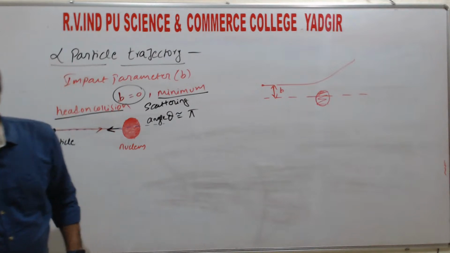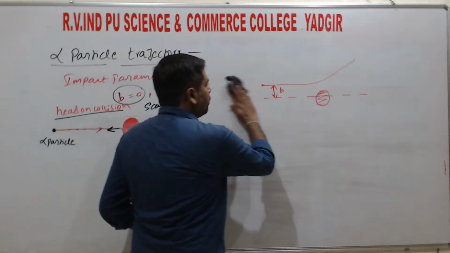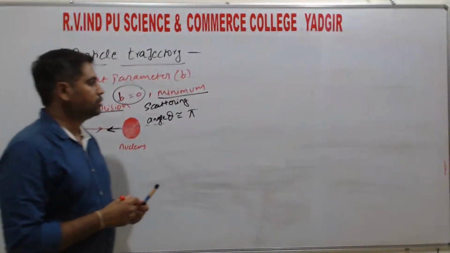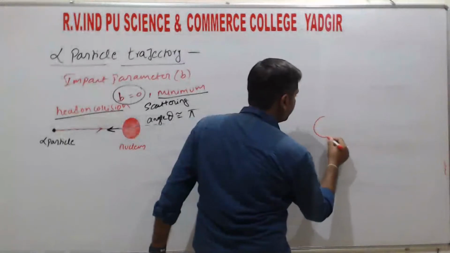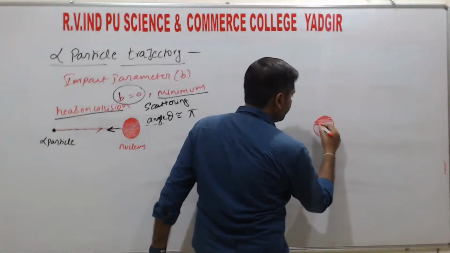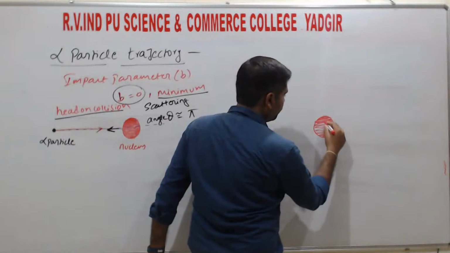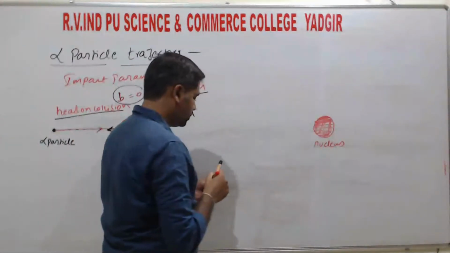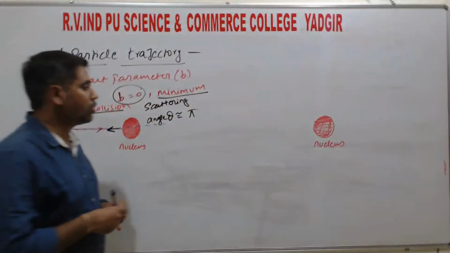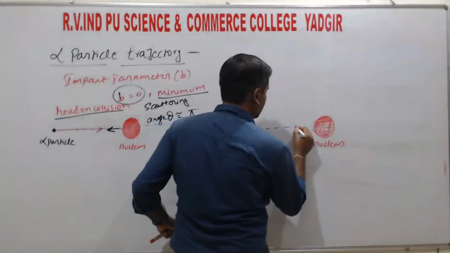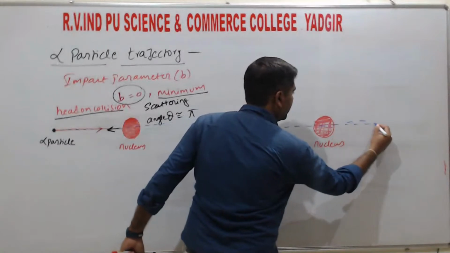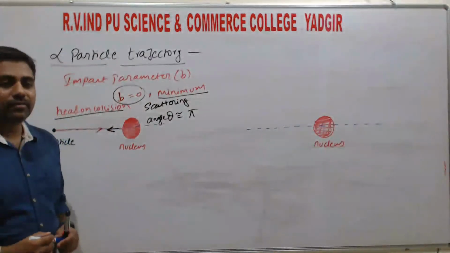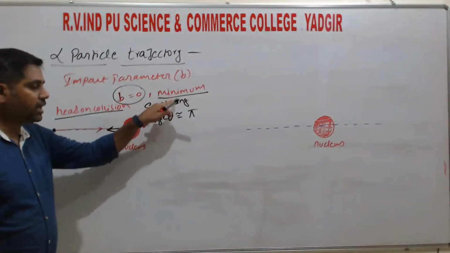So this is for the minimum, right? So next, in the next case, this is the nucleus of the atom and this is the center of the nucleus, that is the axis which is drawn along the center of the nucleus. Now we have studied about the minimum.